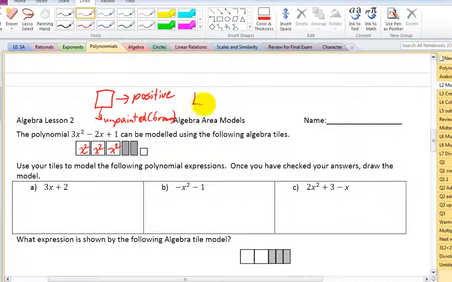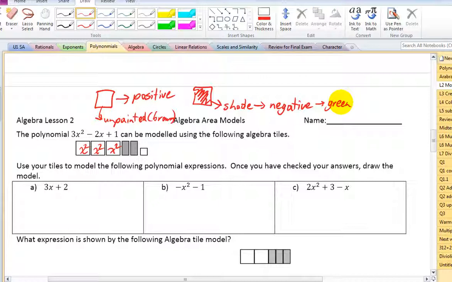And if you shade it in, then we're going to say they're negative. And for our tiles, what color is the shaded? Green. So it's a little bit awkward, but we should get used to it pretty quick. Just think shaded and unshaded, because that's the only way we can really draw it when you only have a one color pencil.